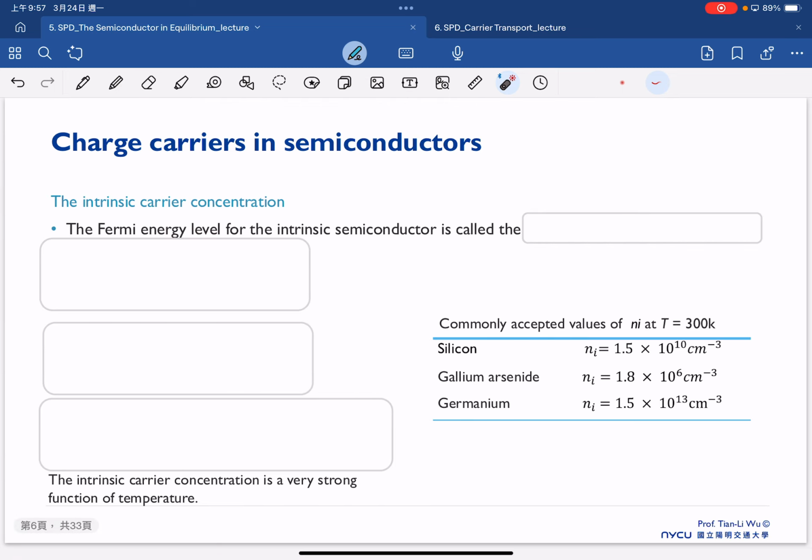In the next part, we will consider a very interesting case, which we call the intrinsic semiconductor.